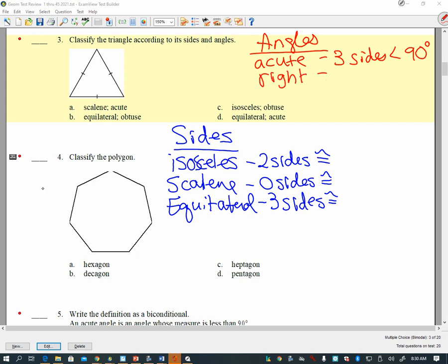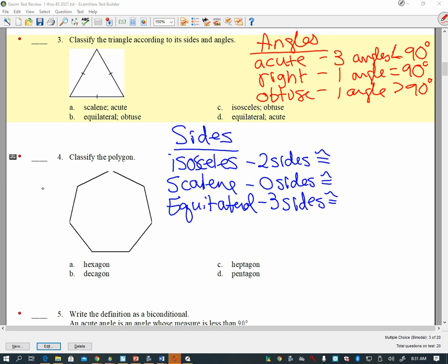What does right mean? 1 angle equals 90. Okay, what else? Obtuse. What's that? 1 angle greater than 90. Okay? All right. What is this?